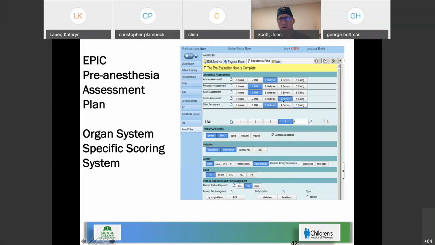So they're categorized as a cardiovascular status 4. The highest scoring system essentially should default to the ASA status of the patient. So it allows an organ-based assessment of limitation, which is then compiled into a comprehensive ASA status. Dick and George deserve all the credit for this. It's something that I think is relatively unique to what we do, and certainly aids in our preoperative assessment of patient risk.